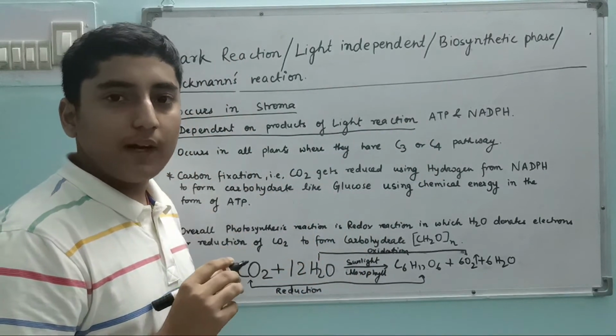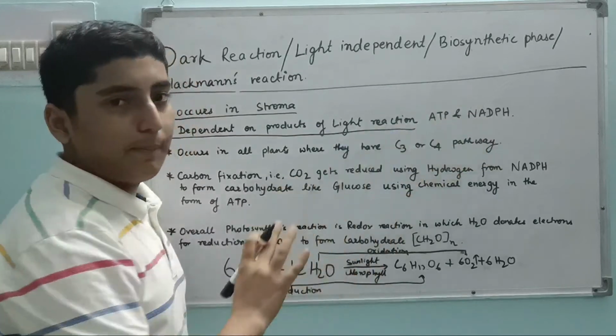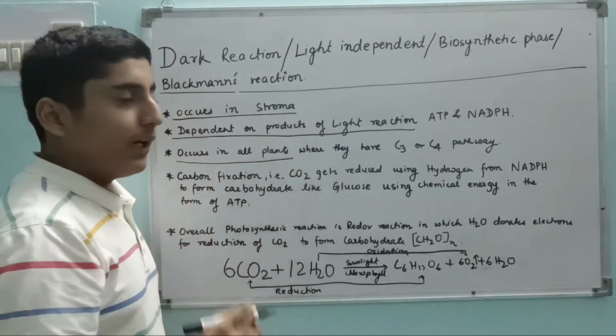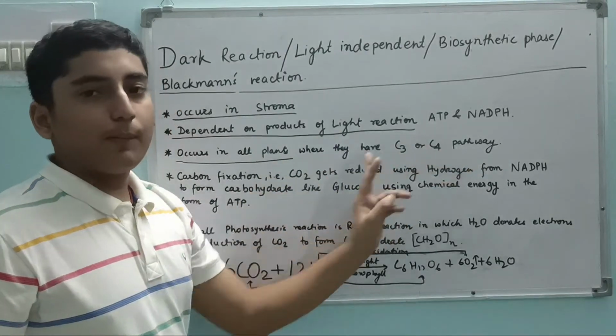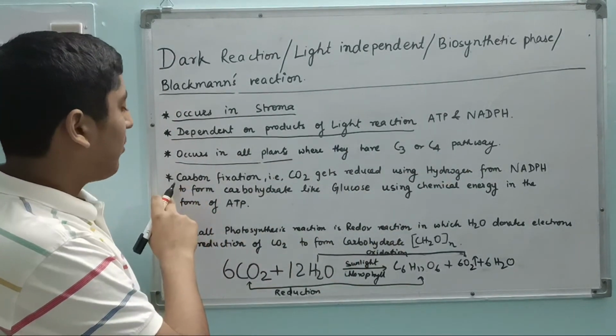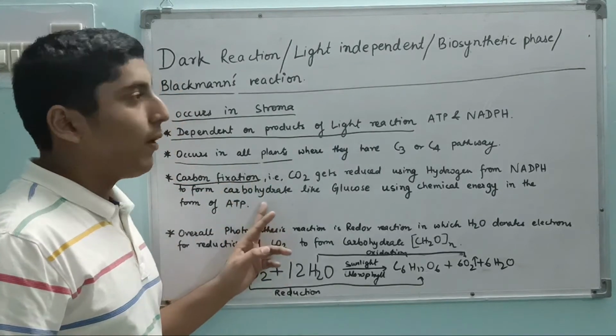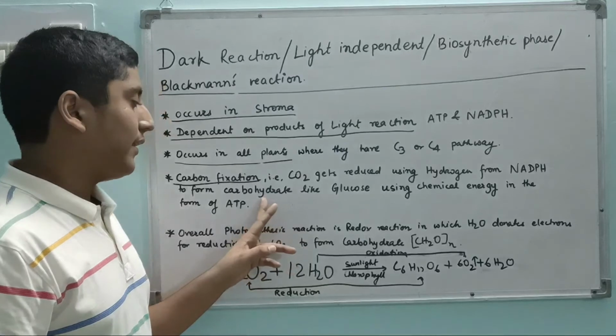What were the products of light reaction? ATP and NADPH. The third point is it occurs in all plants, whether they have the C3 or C4 pathway. Now the fourth point is carbon fixation. This is a very important point which occurs in the dark reaction.